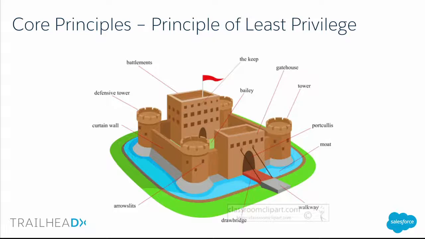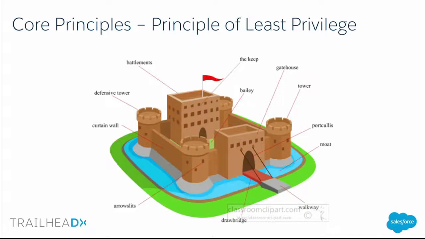And the second core security principle we need to ingrain is the principle of least privilege, right? By definition, that means that each entity within our system or each user within the system should have the least amount of privileges they need to do their job. So continuing with the castle analogy, suppose you have different people in our castle with different roles.